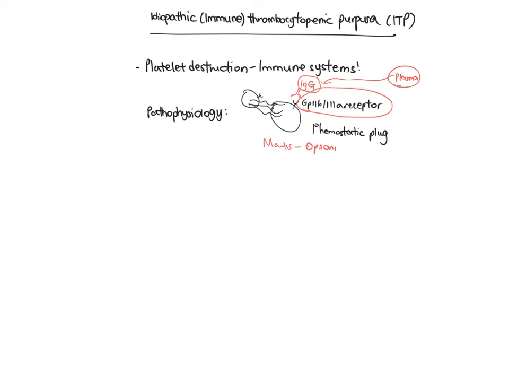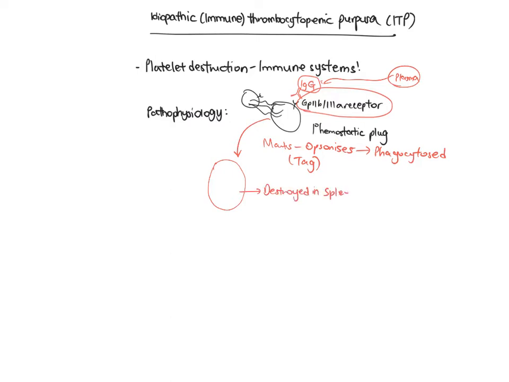So basically it's telling the macrophages to come and eat it up. It tags it to be phagocytosed in the spleen. So these platelets are rapidly removed, sent to the spleen and destroyed in the spleen.